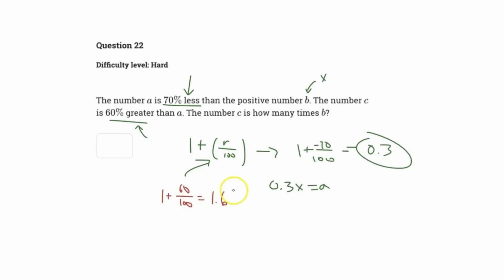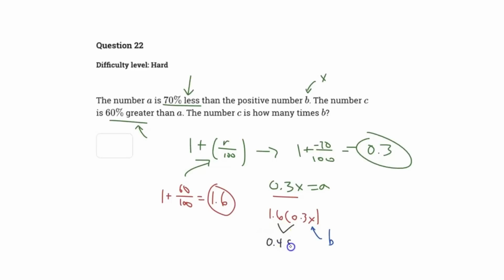So this percent multiplier of 1.6 is being applied to the value of A. We know the value of A is 0.3x, so by simple substitution, we get 1.6 times 0.3 times x. And it asks, the number C is how many times B? Well, it's a pretty simple question because we know x is the same thing as B. So we just have to find out how this percent multiplier affects that one. 1.6 times 0.3 gives us a value of 0.48.